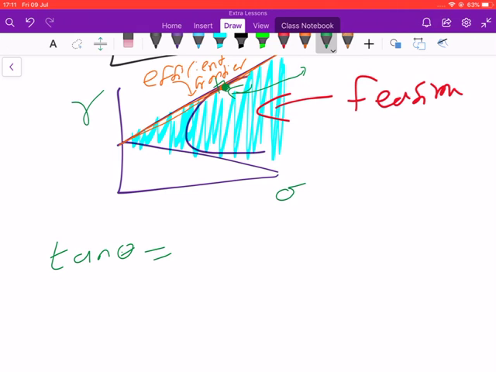So you're going to find the returns of your tangent portfolio, TP, minus the returns of the risk-free rate, over the risk of our tangent portfolio minus the risk of the risk-free rate. But the risk-free rate has no risk, so it has no variance. And then you're going to solve this.